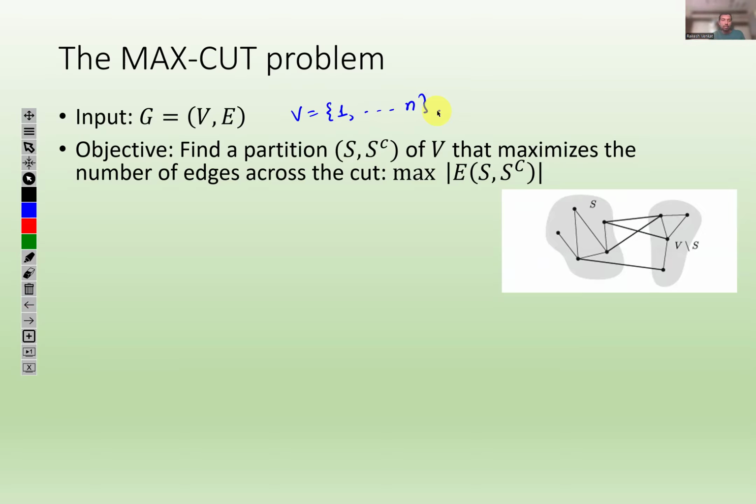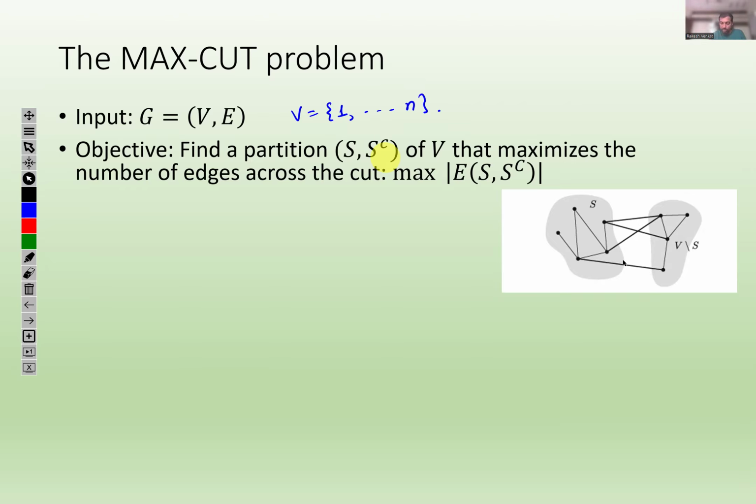And the objective is to find a partition of the vertex set that maximizes the number of edges going across the cut. So the partition consists of two parts, S and S complement. So it's a partition into two parts. There are generalizations into partitioning into K parts, but that becomes more complicated. We'll just look at the two-part version.